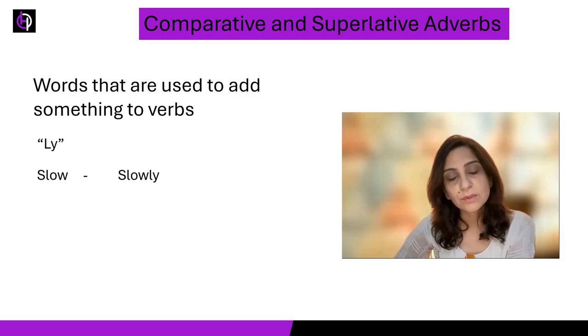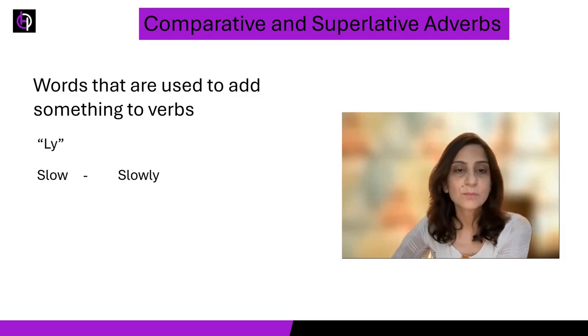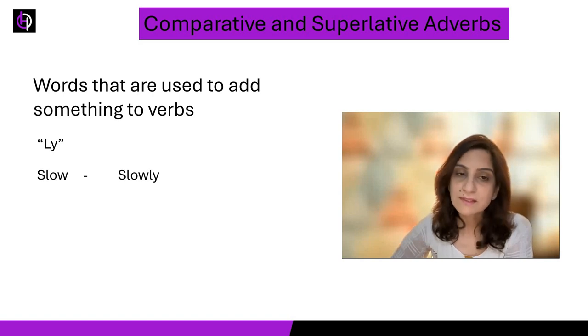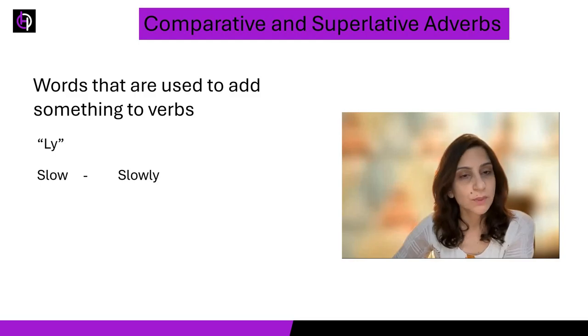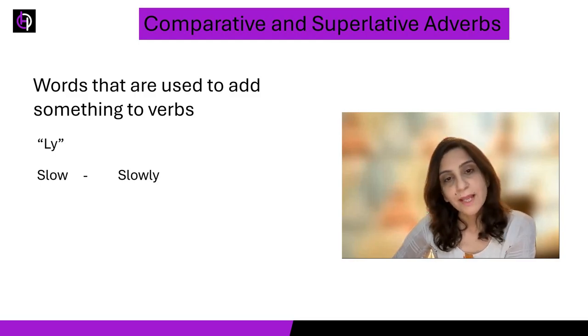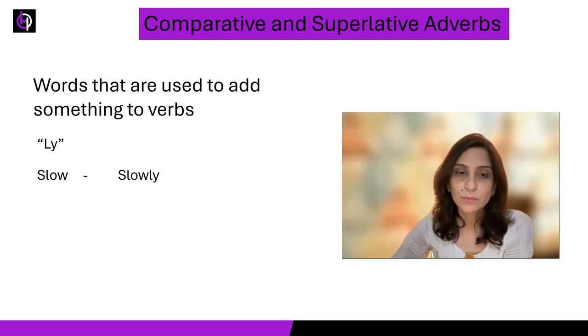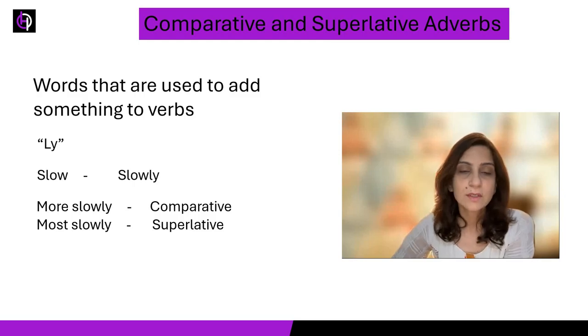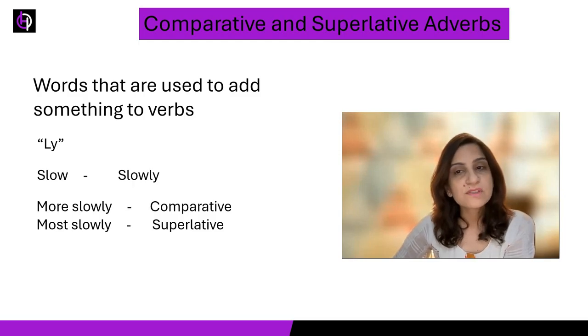Now, this particular adverb slowly can have its comparative and superlative degrees. But in this case, again, we would be adding something to this particular word slowly. So we add a word like more: more slowly. When we use it as more slowly, we are using it in its comparative form. And when we say most slowly, we take it to the superlative form.